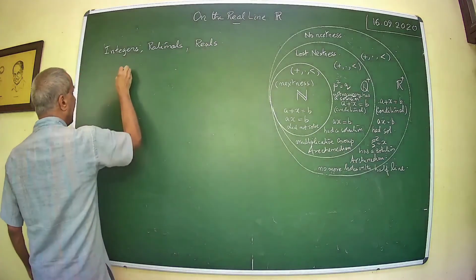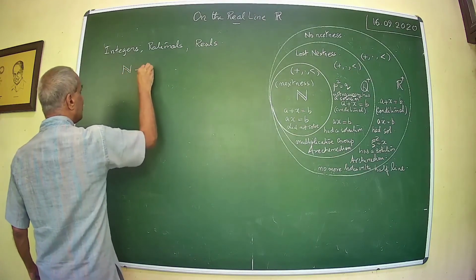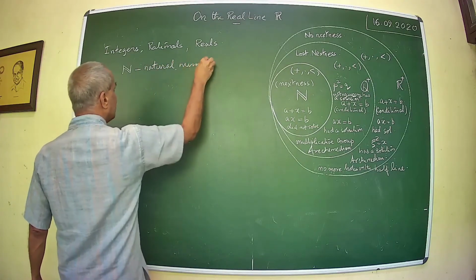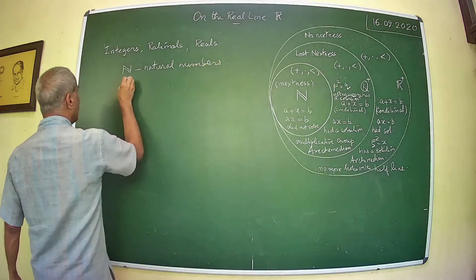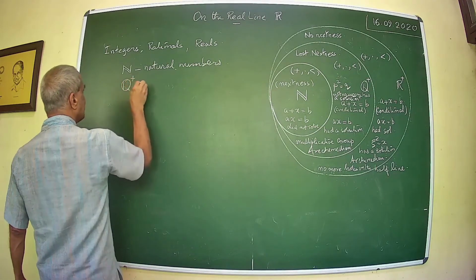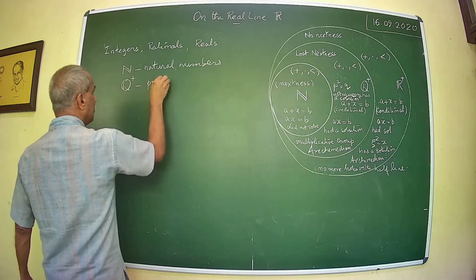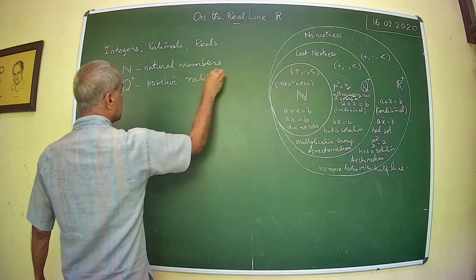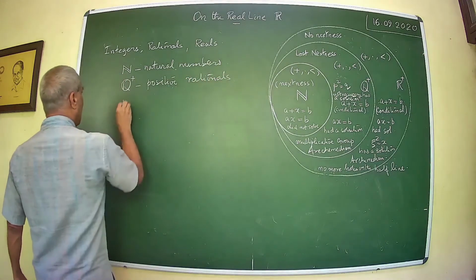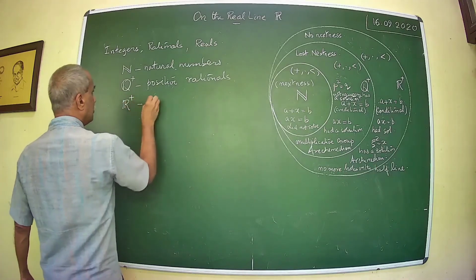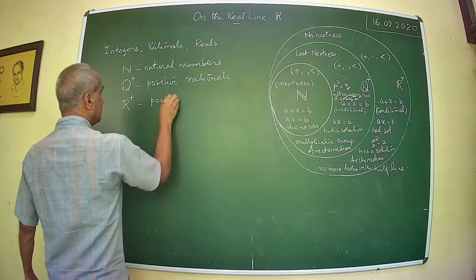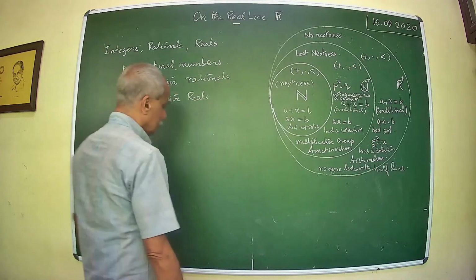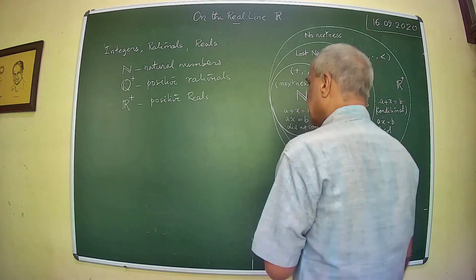So we had N, natural numbers. We call Q plus the positive rationals, and R plus the positive reals.